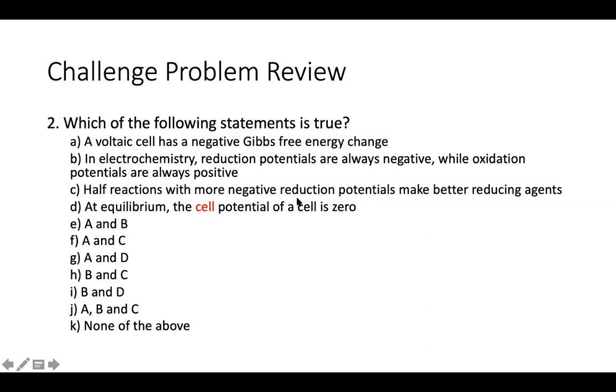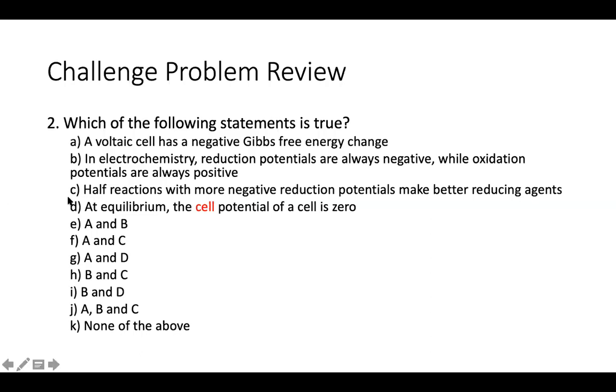If you have a very large negative reduction potential and you want to oxidize that half reaction, your potential, which is now an oxidation potential, is going to be a large positive number, which favors the reaction. It'll help the reaction be spontaneous.